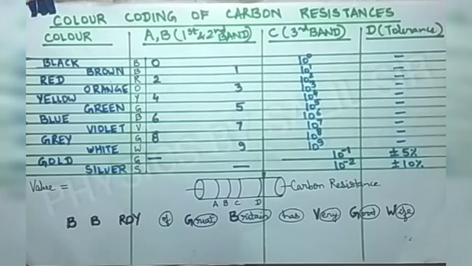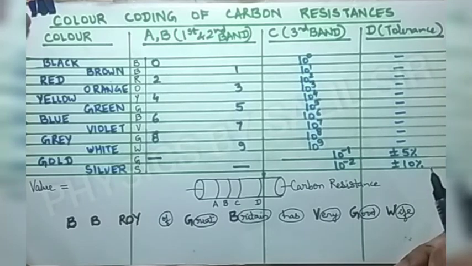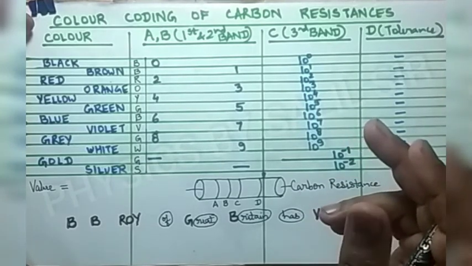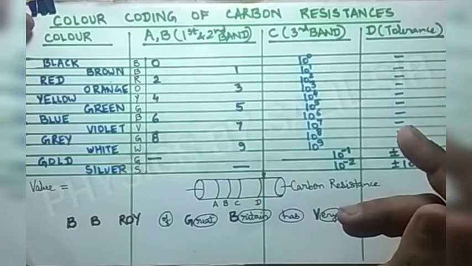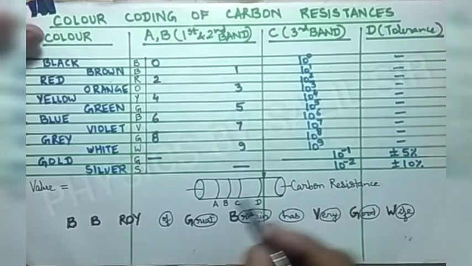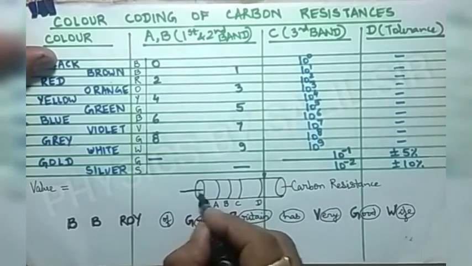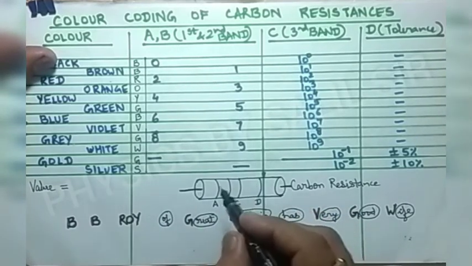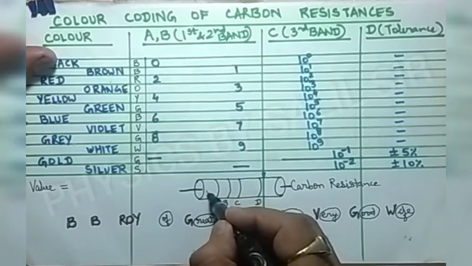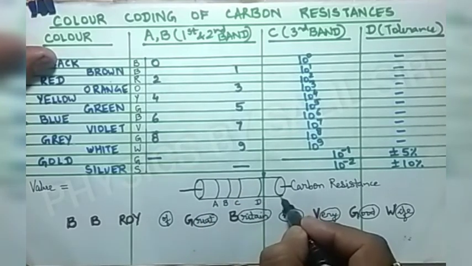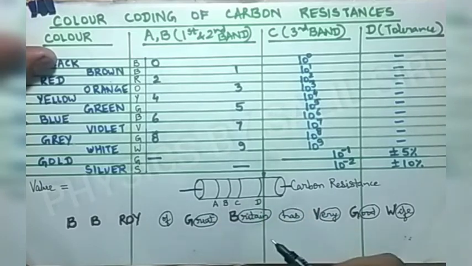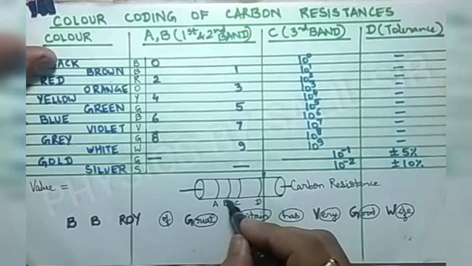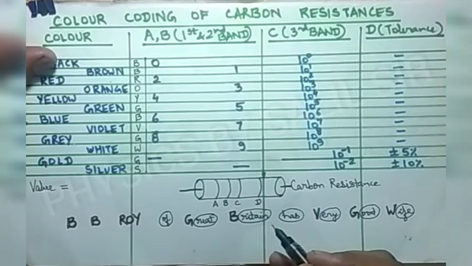Hello students, in this lecture we will study the color coding of carbon resistances, which are used in different types of electronic circuits. A carbon resistance has two ends, this is the first end and this is the second end, and between these two ends there is a cylindrical-shaped resistance which has different colorful bands on it.